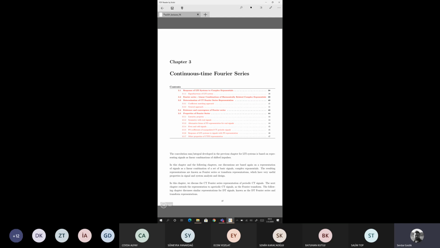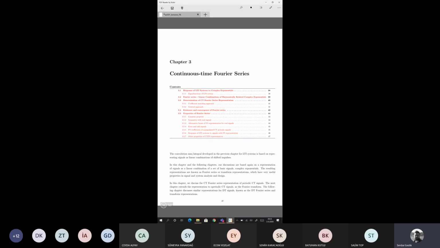If we have some periodic continuous time signals, we will see that we can find a Fourier series representation, and this representation expresses those periodic signals as linear combinations of complex exponentials. So this is the topic of this chapter.